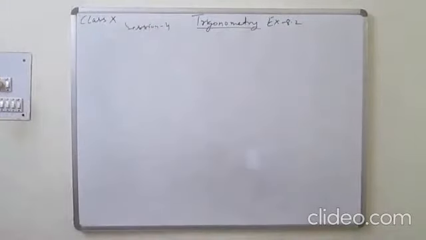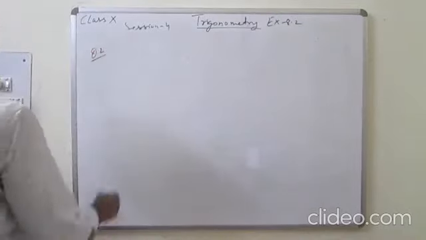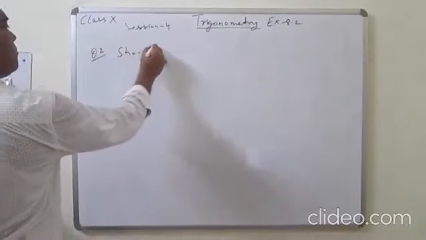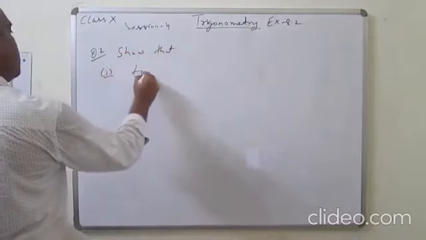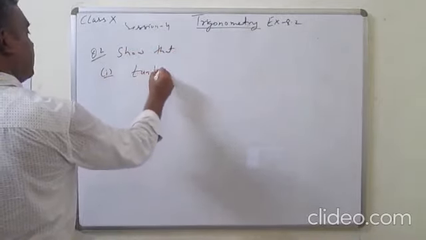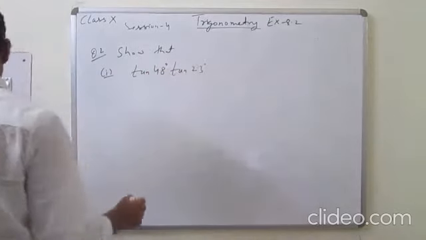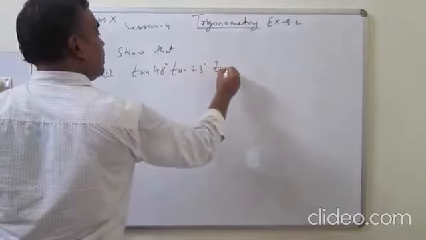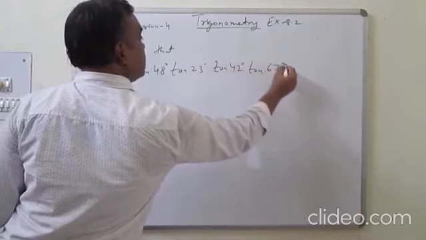That is question number 4, second. So we have to prove that tan 48 degree, tan 23 degree, tan 42 degree, tan 67 degree is equal to 1.